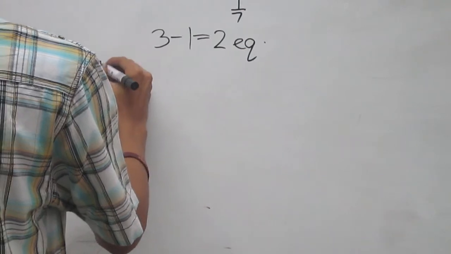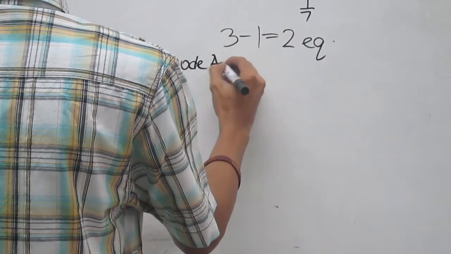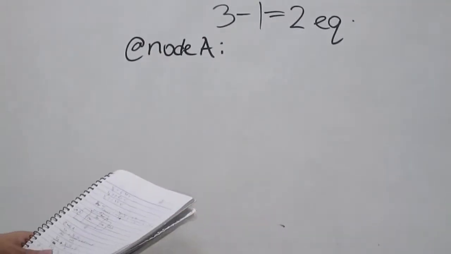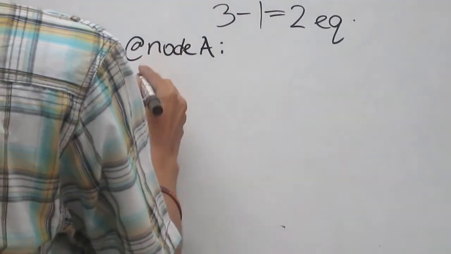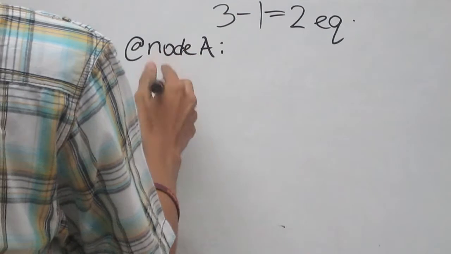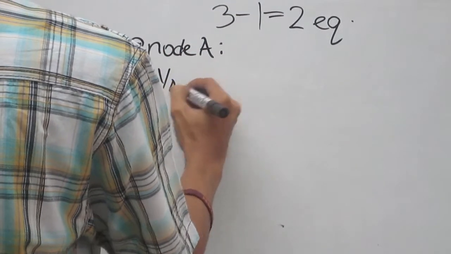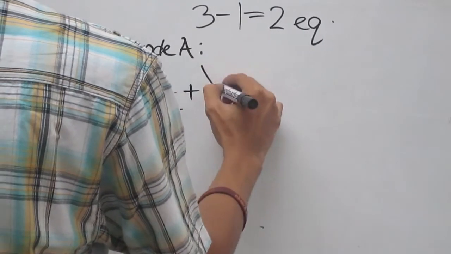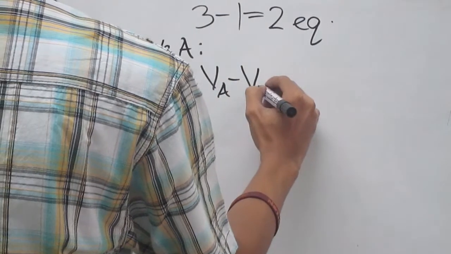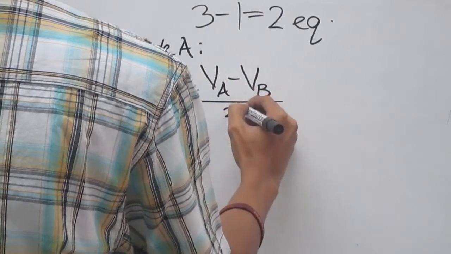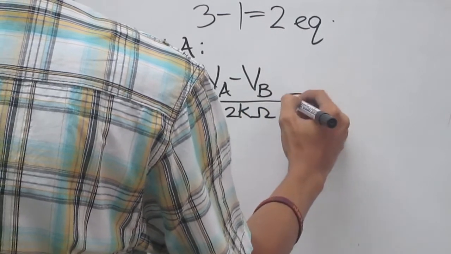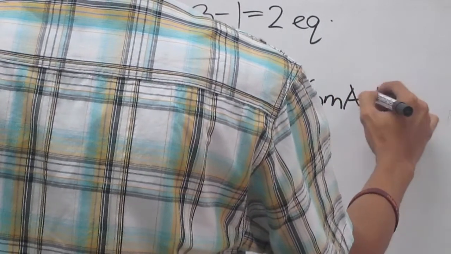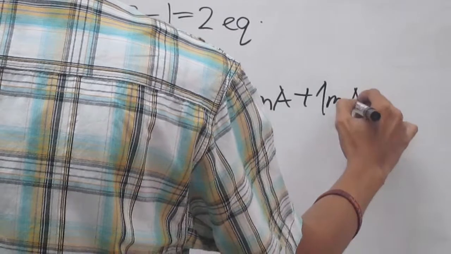So, at node A, by KCL, we can find out that the current passing through node A is VA over 2 kilo ohms plus VA minus VB over 2 kilo ohms, and is equal to 6 milliamperes plus 1 milliampere.